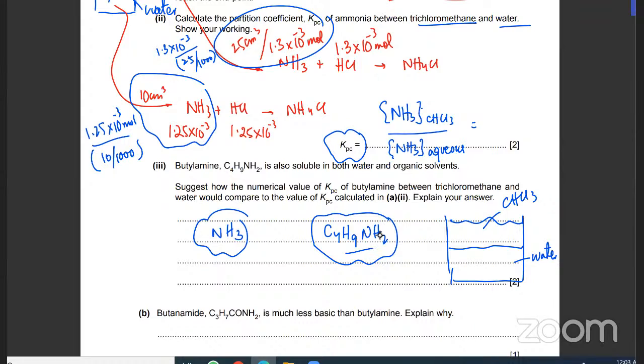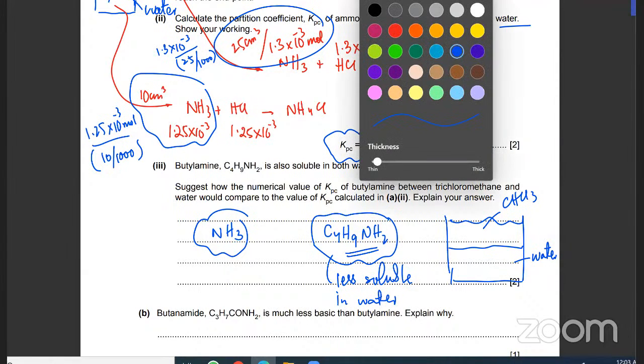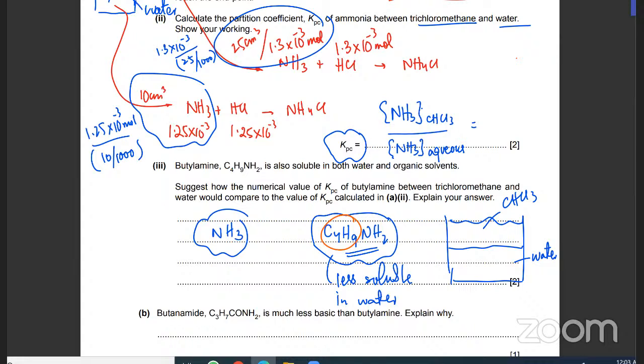Less soluble. It's going to be less soluble in water compared to ammonia. I'm going to explain. It's less soluble in water because this long carbon chain is hydrophobic and doesn't form hydrogen bonds. The NH bonds do form hydrogen bonds, but this other part does not.